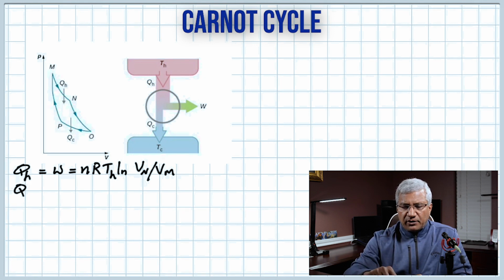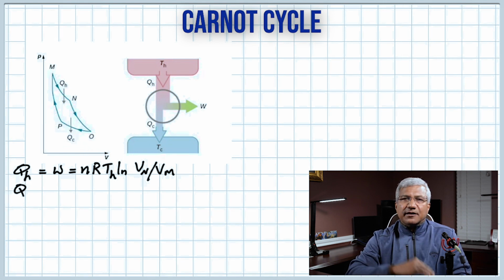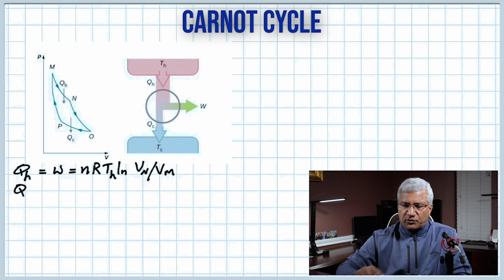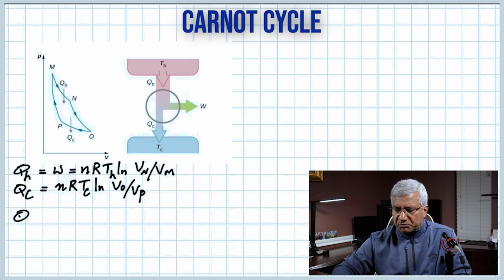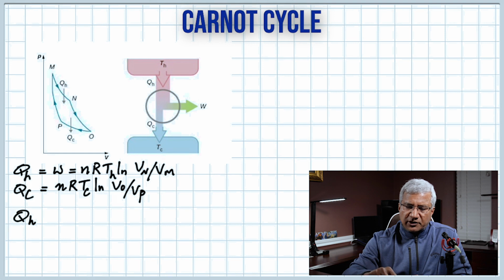Similarly, during the isothermal compression, the temperature remains at TC. And therefore, the work, or QC, is now nRTC natural log VO by VP. Now notice that here it was the final volume VN by VM.